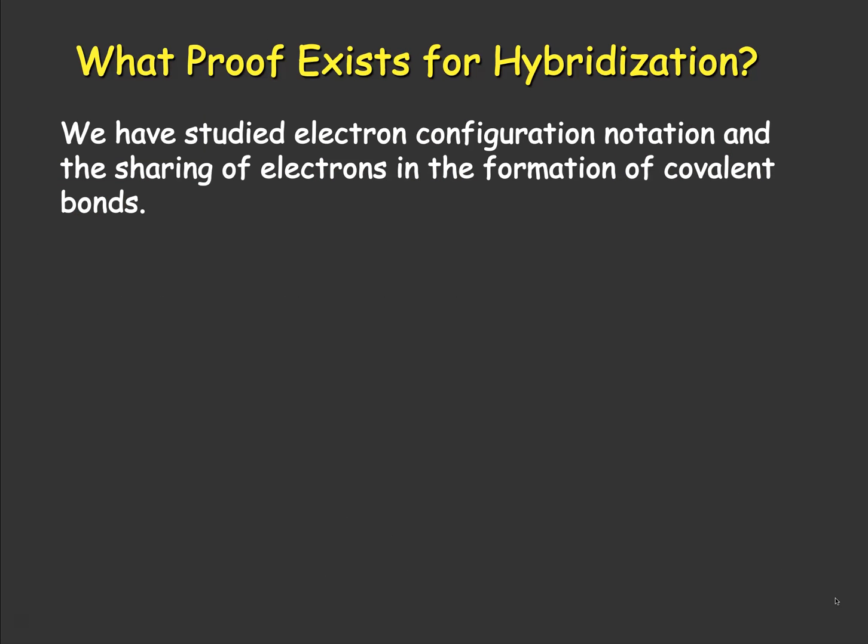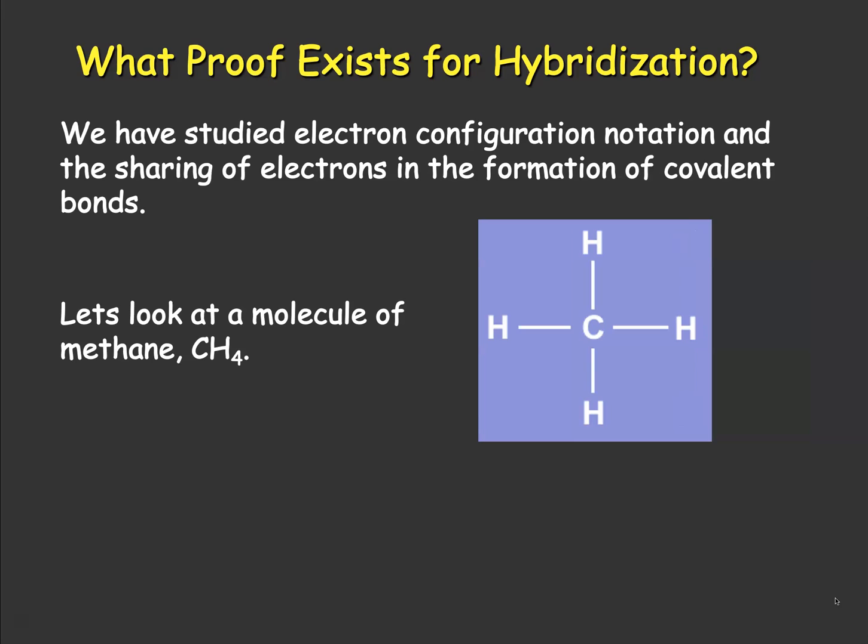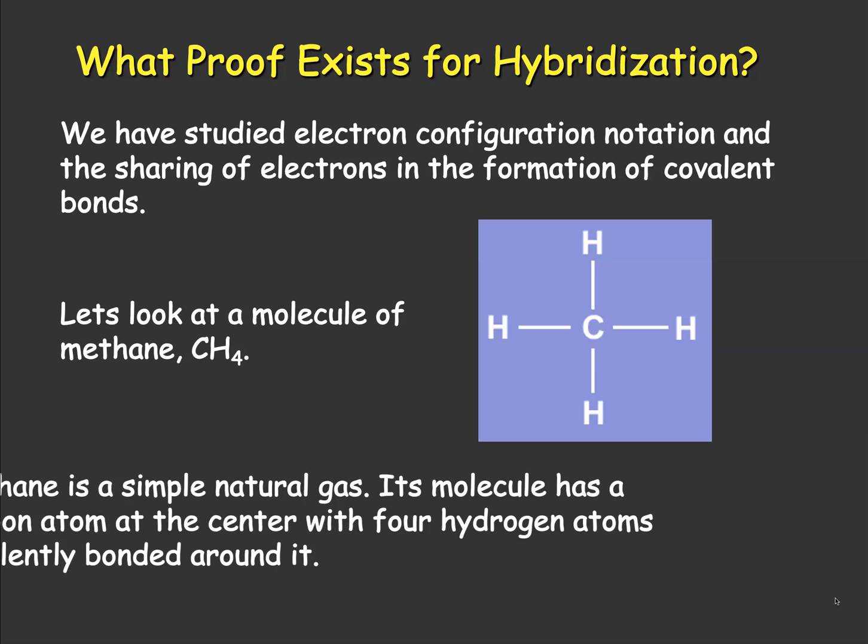So we want to figure out initially what proof exists for hybridization. And to do that, we are going to take into account the molecule of methane. So here's our methane molecule, and it's simple: 1 carbon, 4 hydrogens, 4 bonds, very easy.